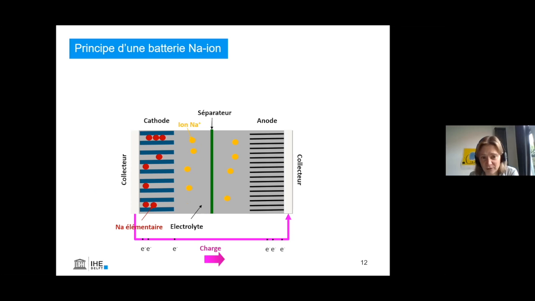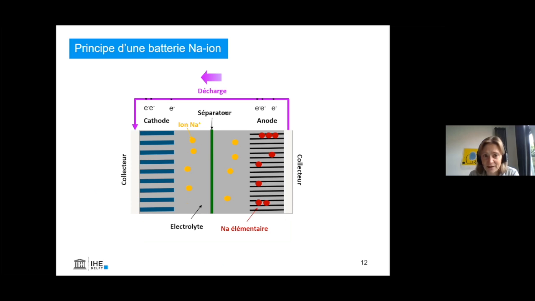In parallel, electrons circulate in an external circuit. So that's during the charging, and we have a reconstitution of elementary sodium in the anode. When the charging is complete, the reverse phenomenon takes place. That's discharging.